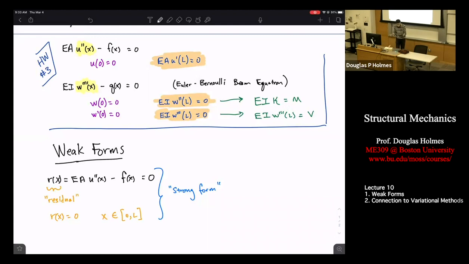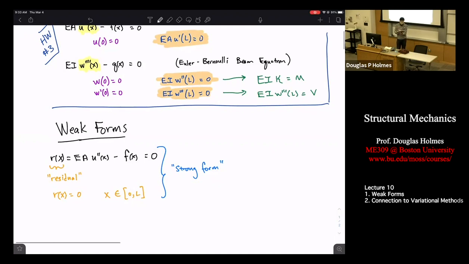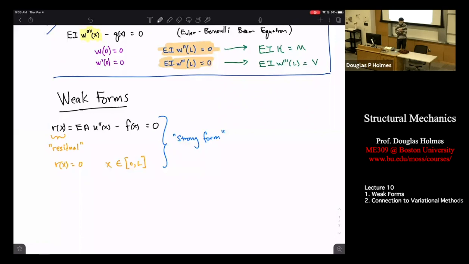And so mathematically, what this means is that we take our residual, r of x, and multiply it by some function. That something we're going to call v of x.